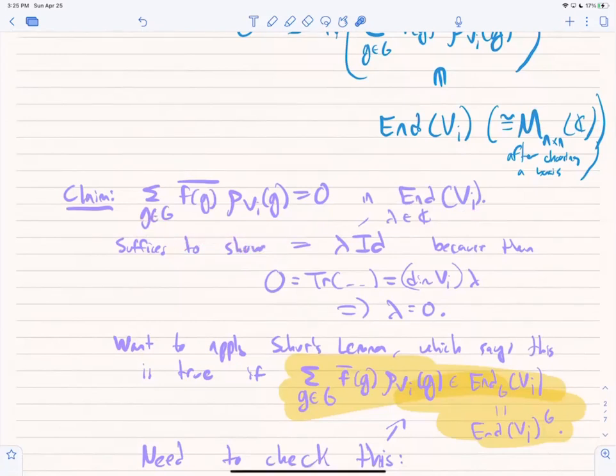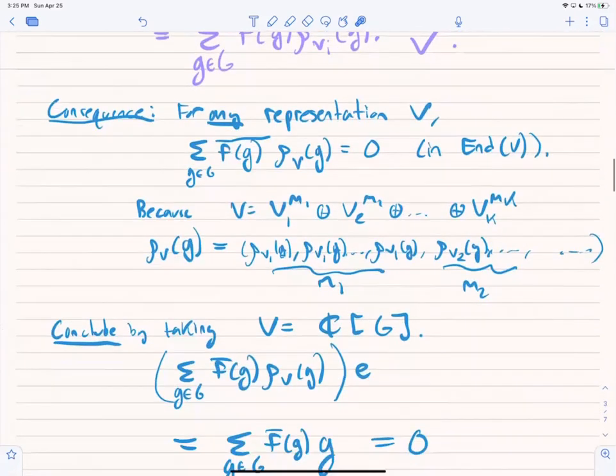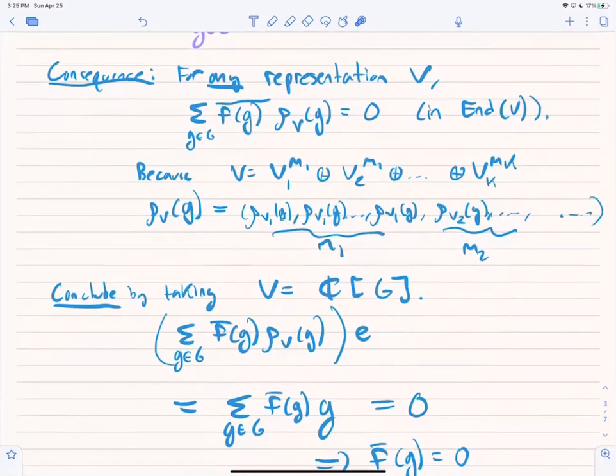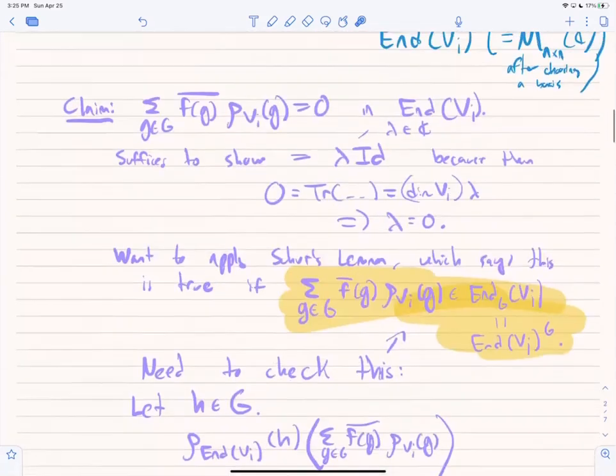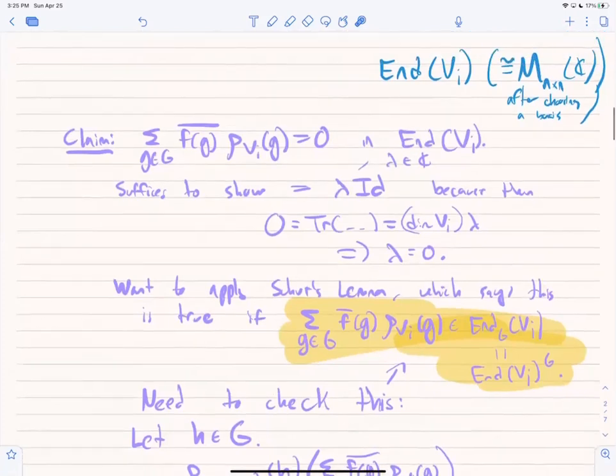So there's a more categorical way to phrase passing from representations to the group ring, and the idea is, when you have a representation, you don't just get the action of G, you get the action of all these other endomorphisms too.